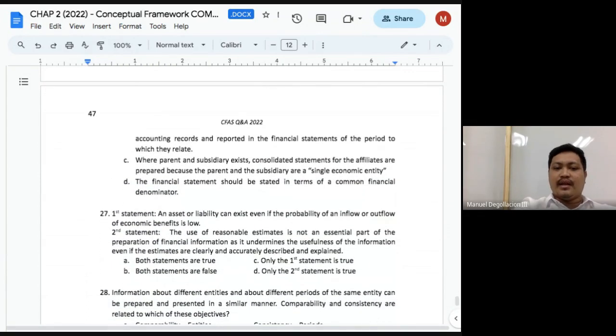27, first statement, an asset or liability can exist even if the probability of an inflow or outflow of economic benefits is low. First statement is true, okay? But the statement should have been made clearer, class. It should have given context. Under the framework, an asset or liability can exist even if the probability of an inflow or outflow of economic benefit is low.